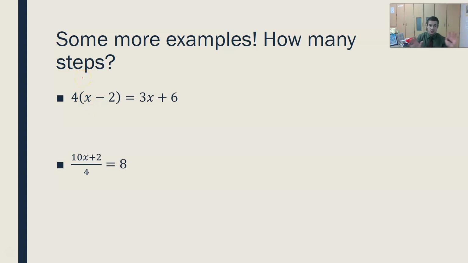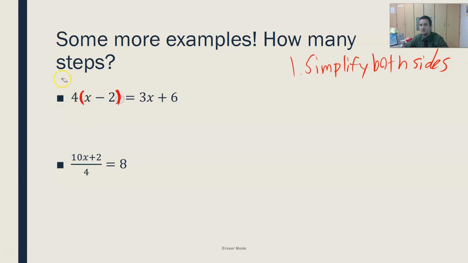First thing I want to do is I want to simplify both sides if I can. Simplify both sides. Well, over here on the left, I have 4 and then in parentheses x minus 2. I want to simplify that down. I don't want there to be any parentheses anymore right there.